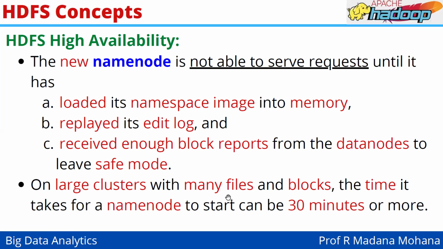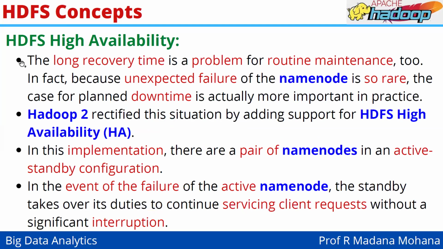On large clusters with many files and blocks, the time it takes for a name node to start can be 30 minutes or more. The long recovery time is a problem for routine maintenance too. In fact, because unexpected failure of the name node is so rare, the case for planned downtime is actually more important in practice. Hadoop 2, the second version of Hadoop, rectified the situation by adding support for HDFS high availability.